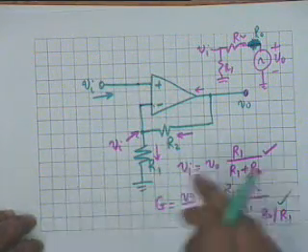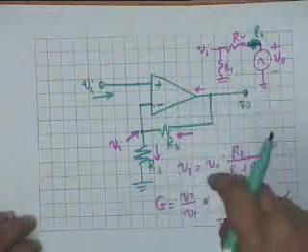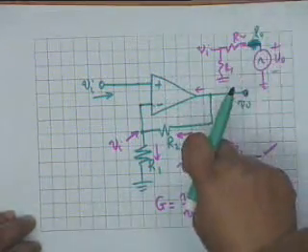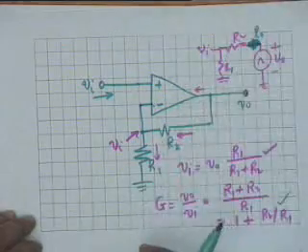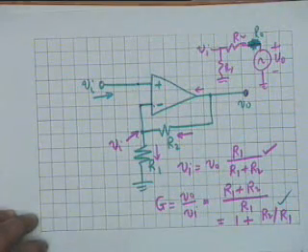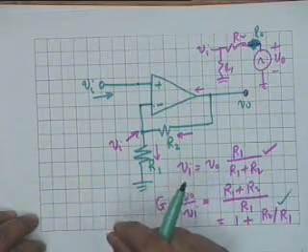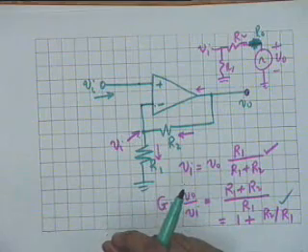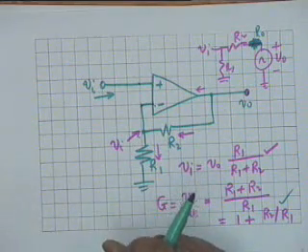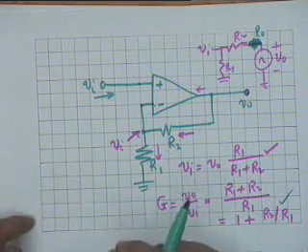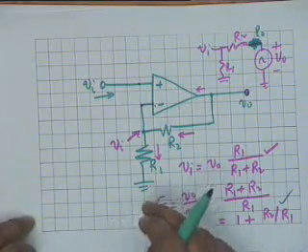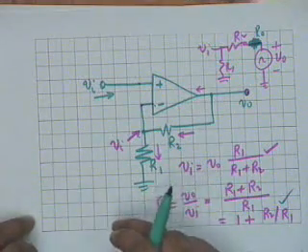So this is an important difference between the two connections. In the non-inverting configuration, the input resistance is maintained at infinity, whereas in the inverting configuration, the input resistance is determined by an external resistance that is connected between the source and the inverting terminal of the op-amp.